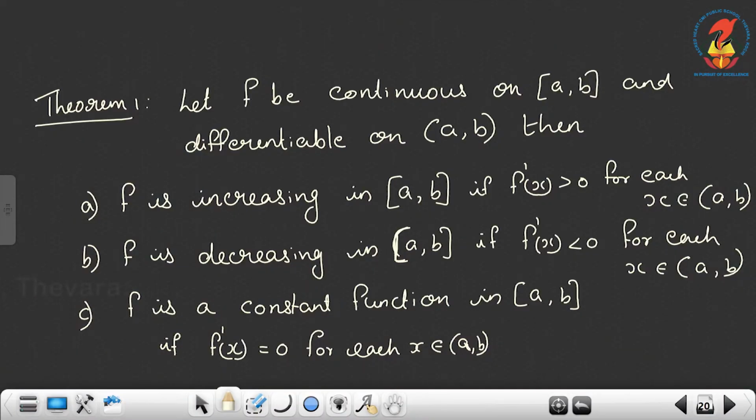And f is decreasing in closed interval ab means f dash x is less than 0. Increasing means the derivative must be greater than 0, decreasing is less than 0, for each x belonging to the open interval. Then f is constant means what? f dash x is equal to 0 for each x belonging to open interval ab.